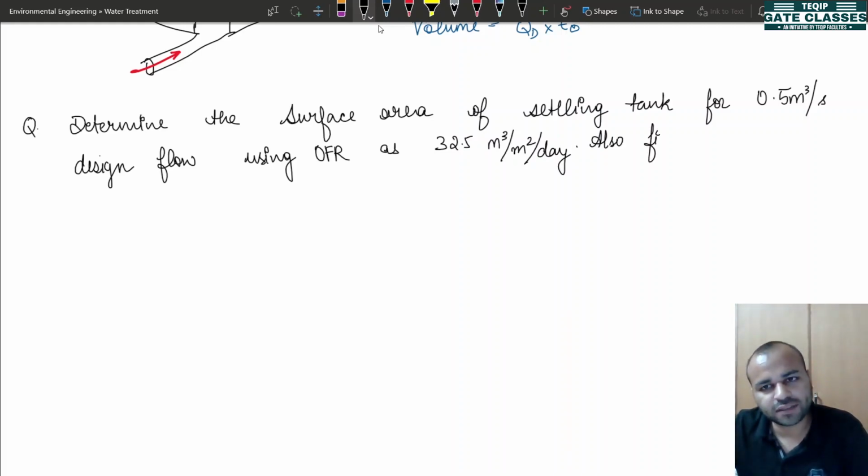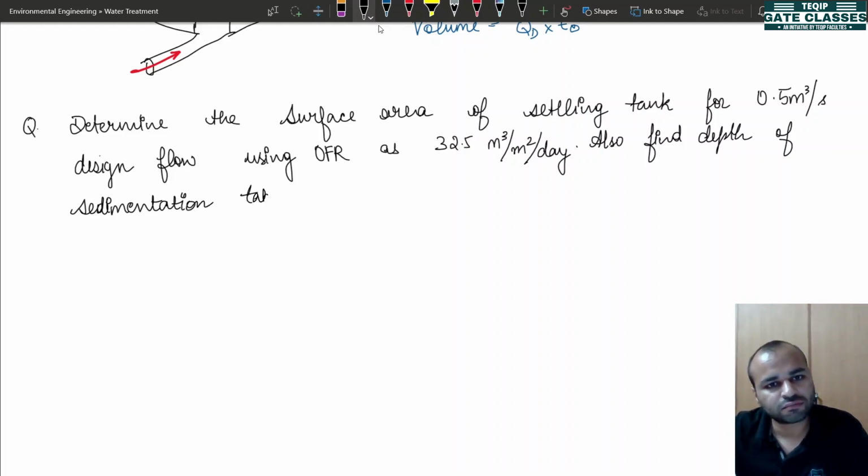Also find the depth of the sedimentation tank if the detention time is equal to 95 minutes.